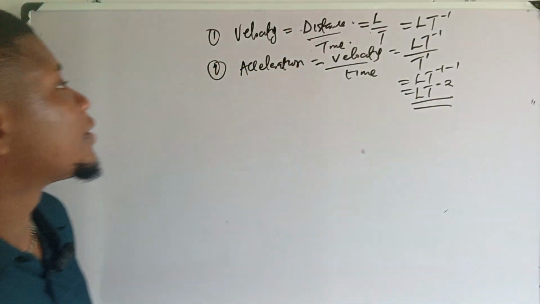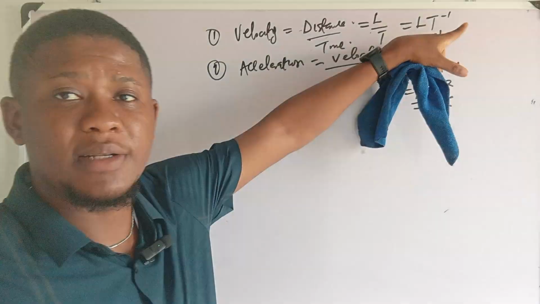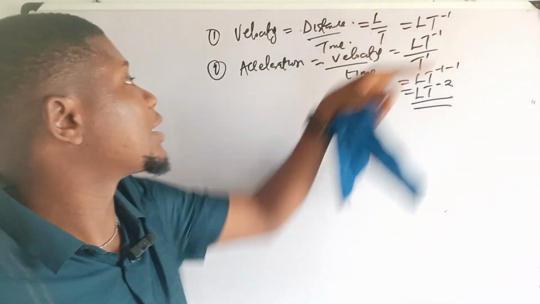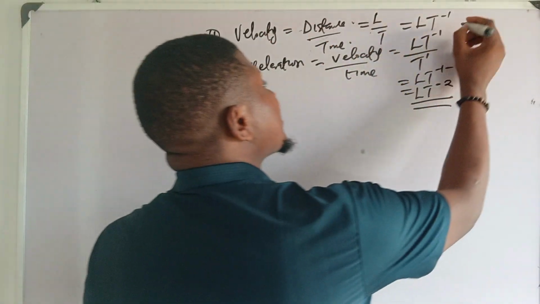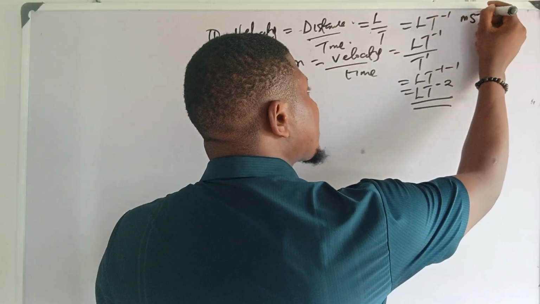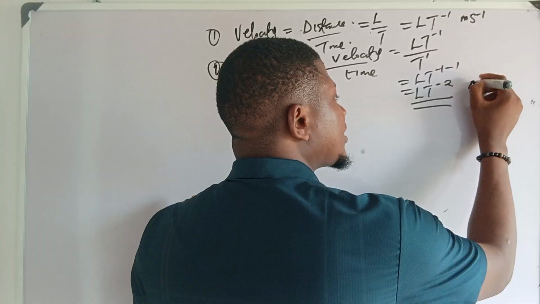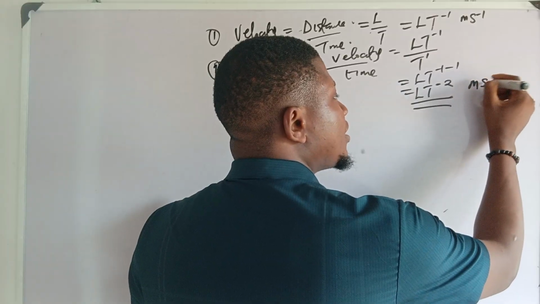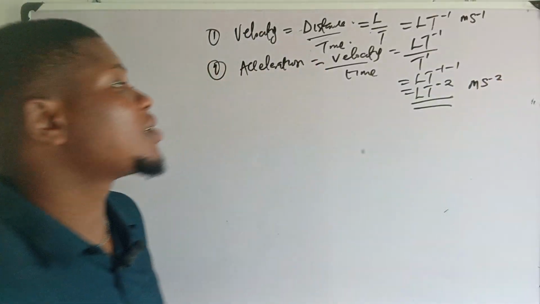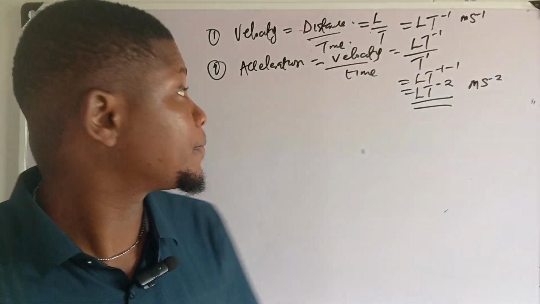So the dimension of velocity is LT minus 1. For the units of velocity, L is meter, T is seconds, so that is meter per second. For acceleration, L is meter and T is seconds, so acceleration is meter per second square. Any question?